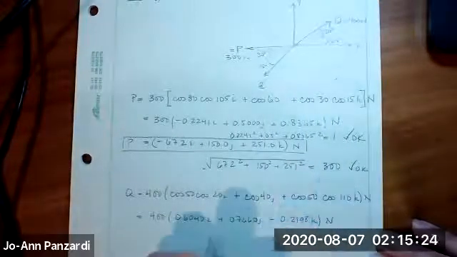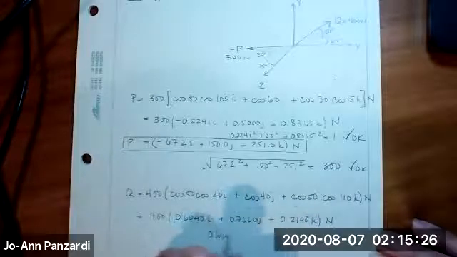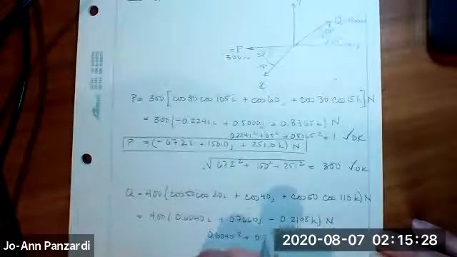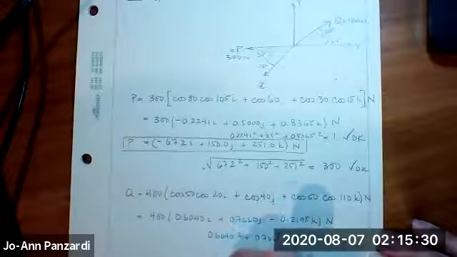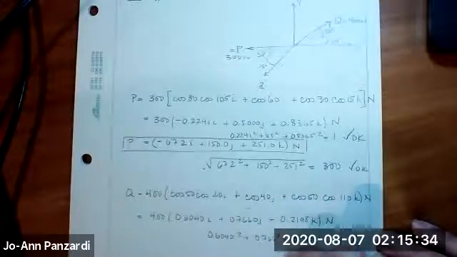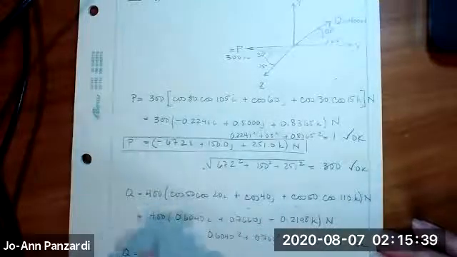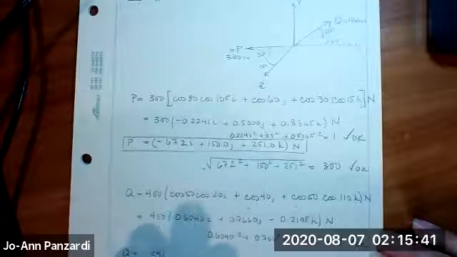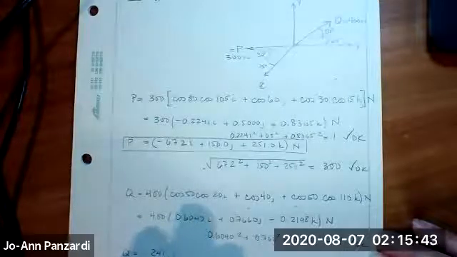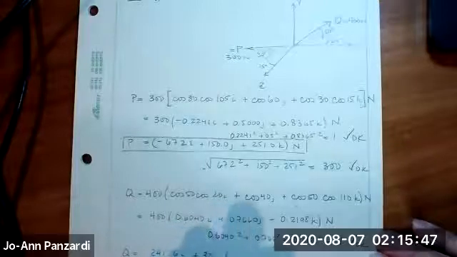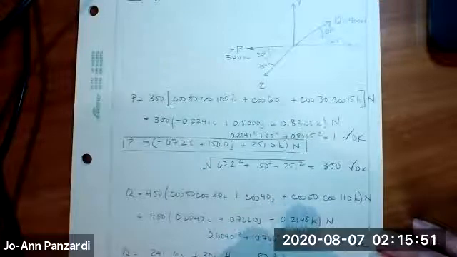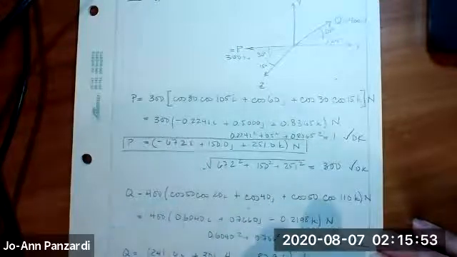And I might as well do my check: 0.6040 squared plus 0.766 squared plus 0.2198 squared comes out to be 1. Great. And now Q turns out to be 241.6 i plus 306.4 j minus 87.9 k, and it's in newtons.